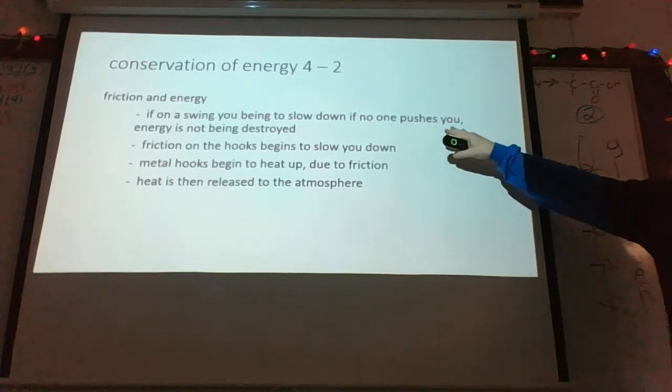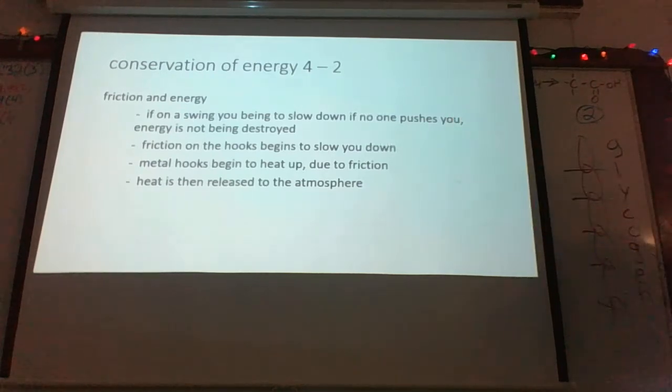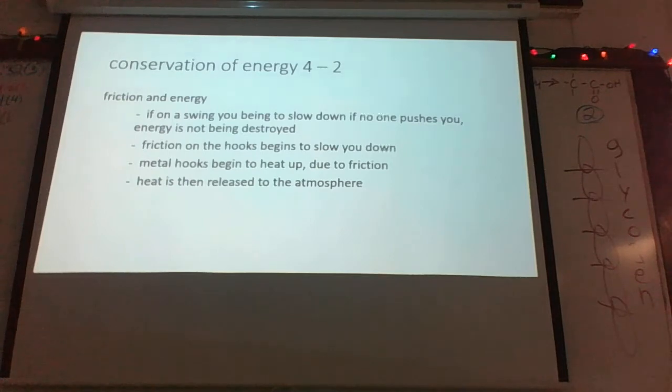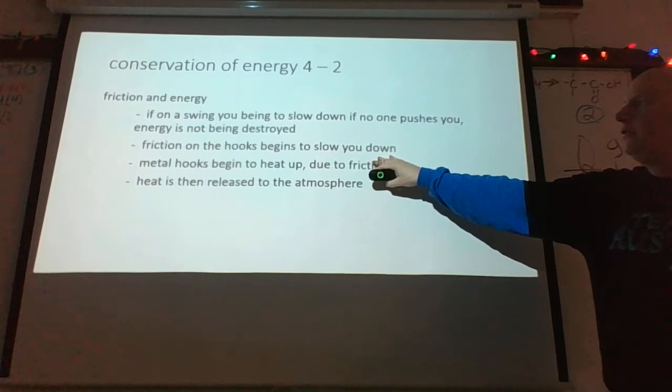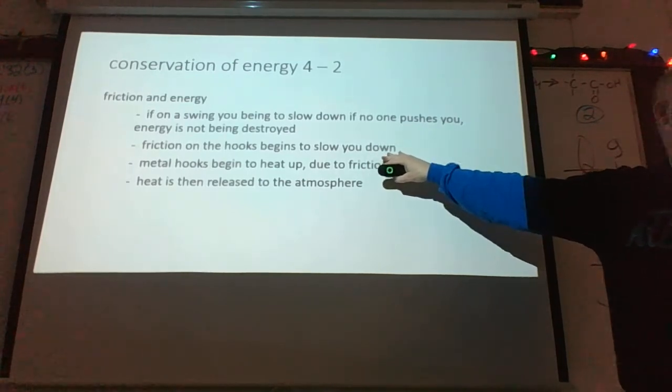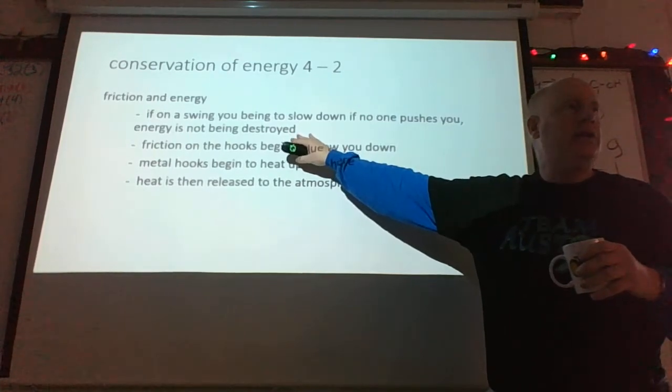So what happens is, if you have no more energy coming into that system and you're not moving yourself, eventually the amount of energy begins to decay and you start to slow down. You might be thinking, well, you're destroying energy.